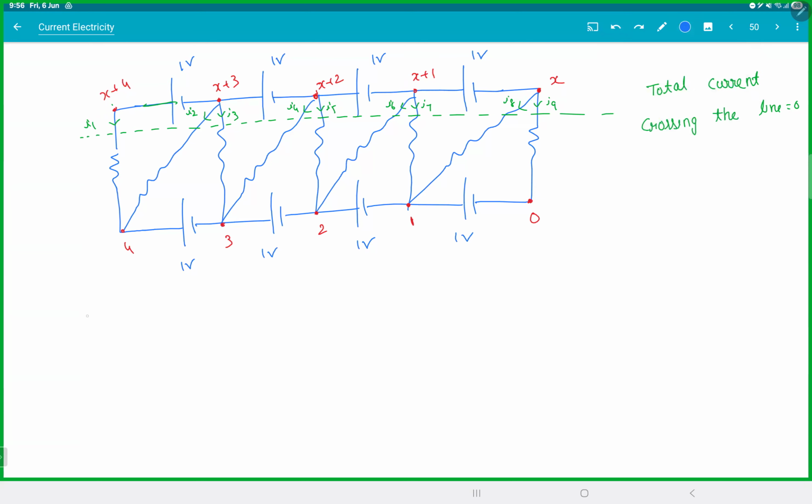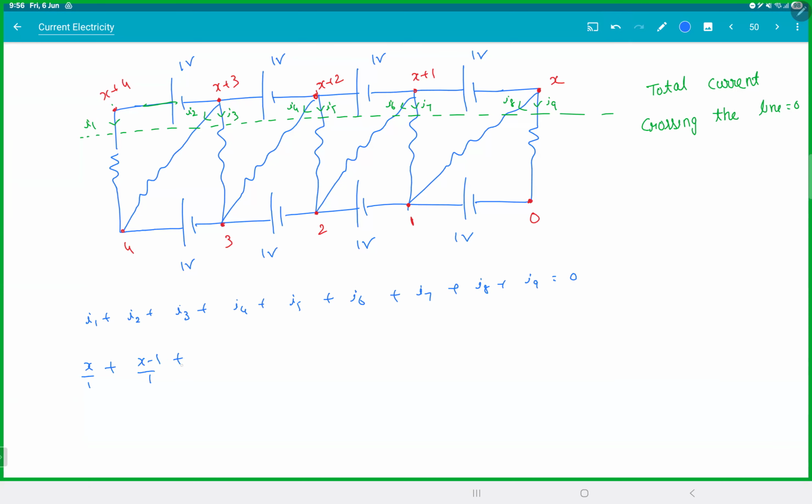So I1 plus I2 plus I3 plus I4 plus I5, 6, 7, 8, 9 is 0. Look at the first current, x plus 4 minus 4. You will see a symmetry here. This will be x by 1. X plus 3 minus 4, you'll find x minus 1.